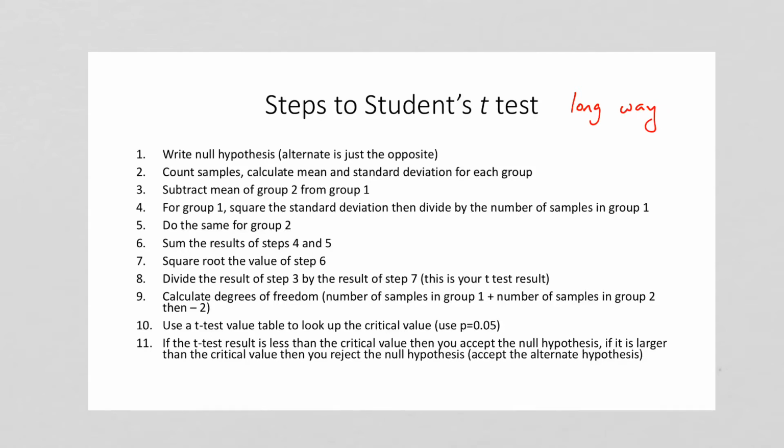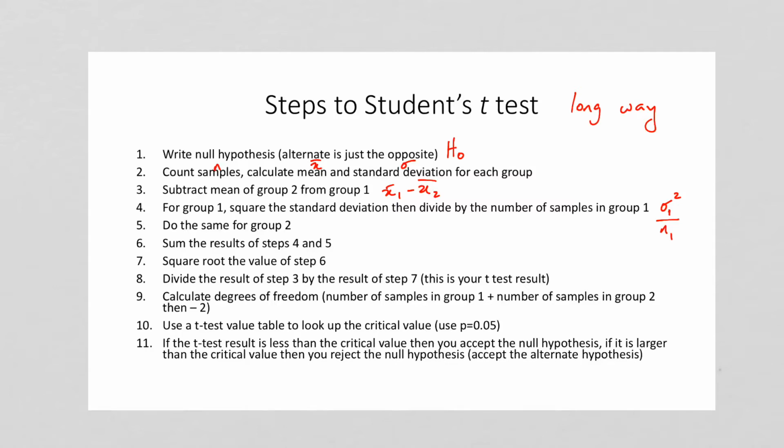You're going to start by writing the null hypothesis. Then you're going to count your samples, so that's n, calculate your mean, x with the line over it, and your standard deviation for each group, so sample 1 and sample 2. You're going to subtract the mean of group 2 from group 1. Then you're going to calculate your standard deviation squared for group 1, divided by the number of data points in the sample.